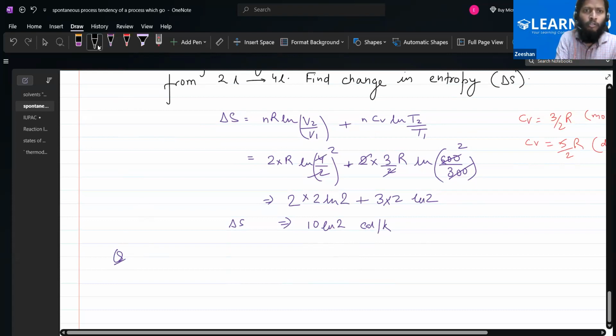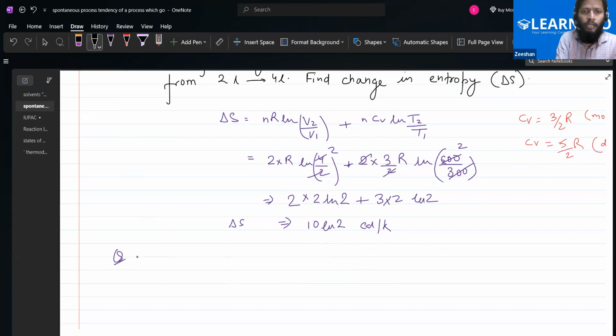Note down the solution, who have not understood this, and if you have a problem, I can repeat and explain if you are having doubt.